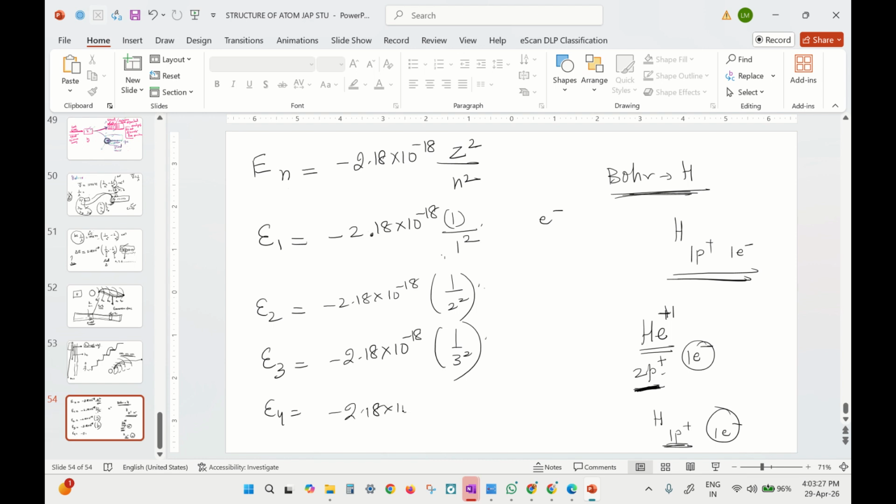So E4 minus E3 will be lesser than E3 minus E2, which will be lesser than E2 minus E1. Because the n value changes in the denominator, and it changes as a square, no two energy levels have got the same energy difference.